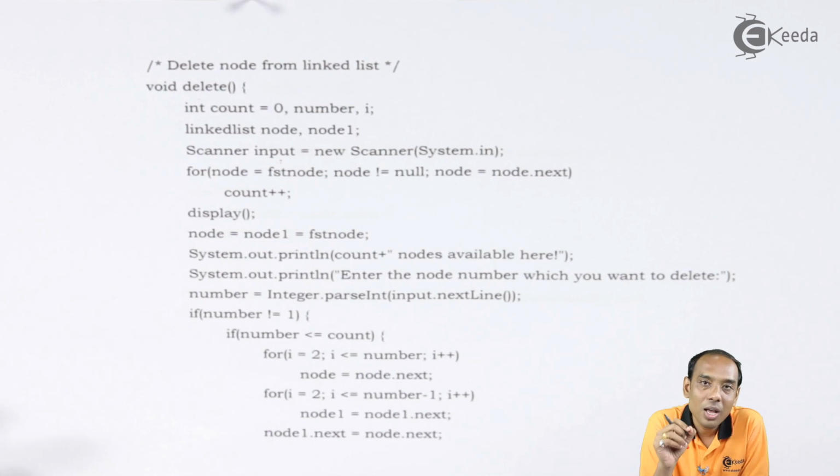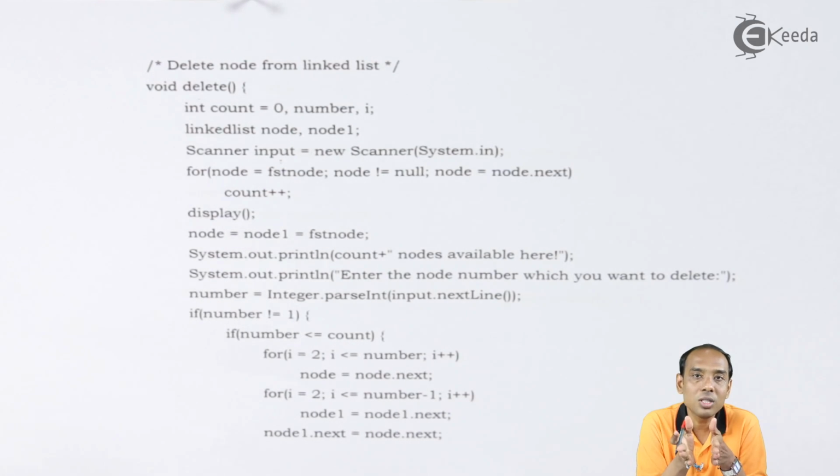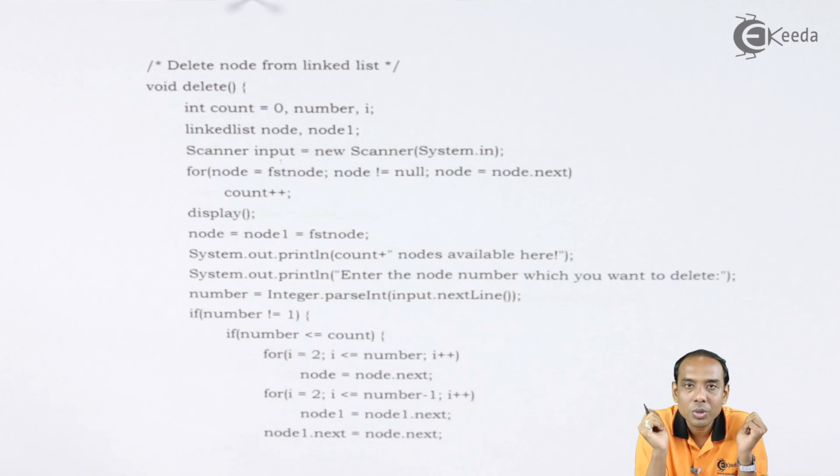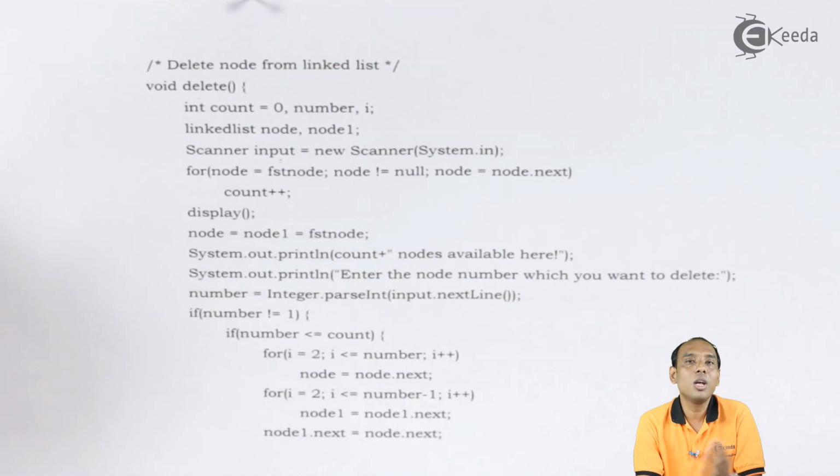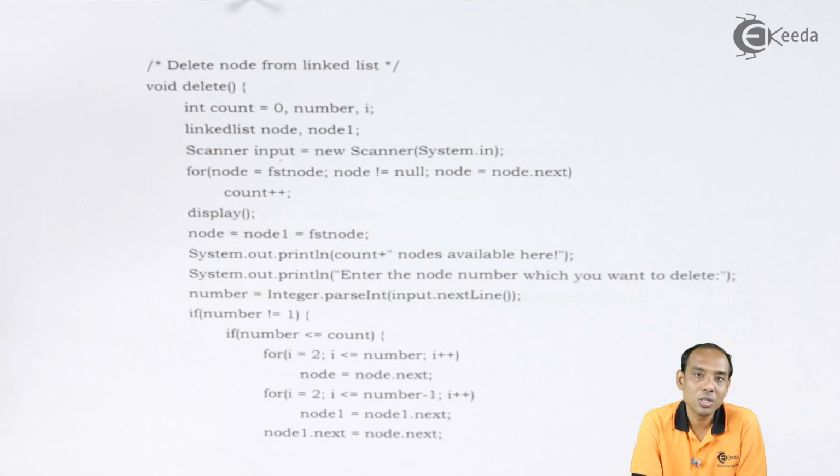Count gives me the number of nodes available in the linked list. I can only delete if there are obviously nodes present. If count is lesser than number, I have no nodes to delete. Let's take an example where count equal to 0 and I'm taking number equal to 2. Count is 0, that means nodes are not available and the user wants to delete 2 nodes. So it is not a possible condition.